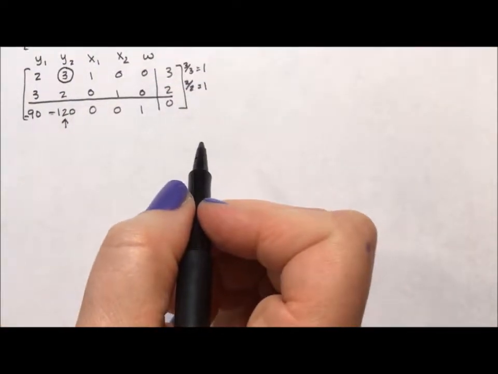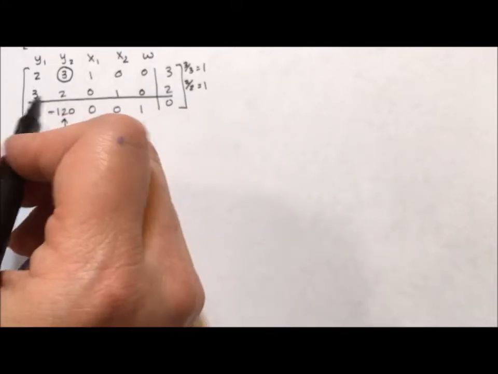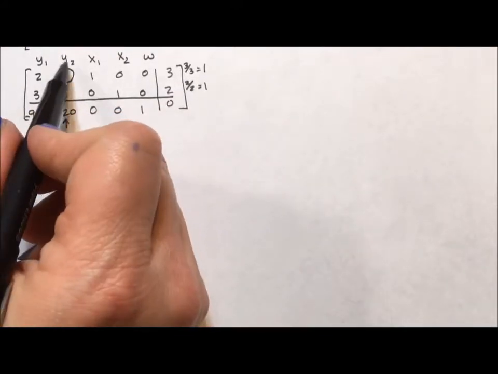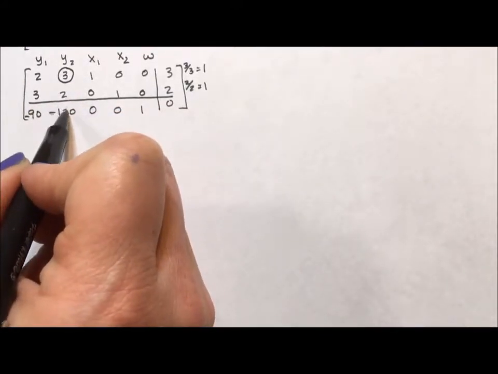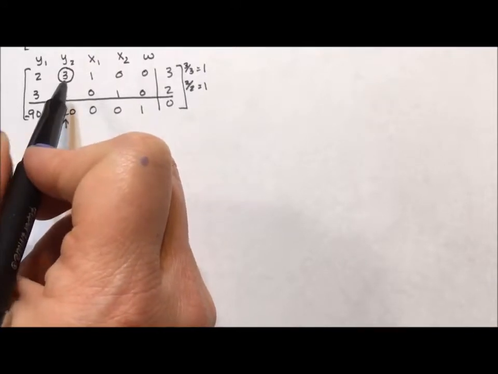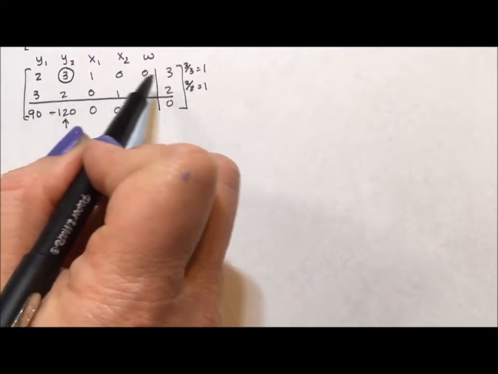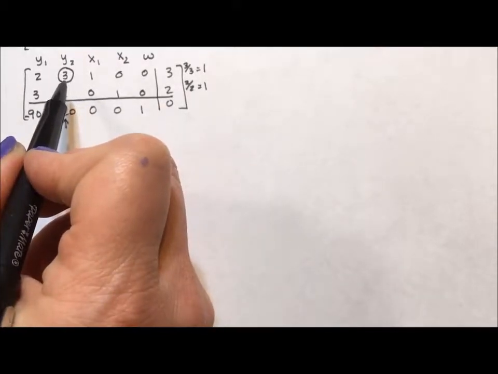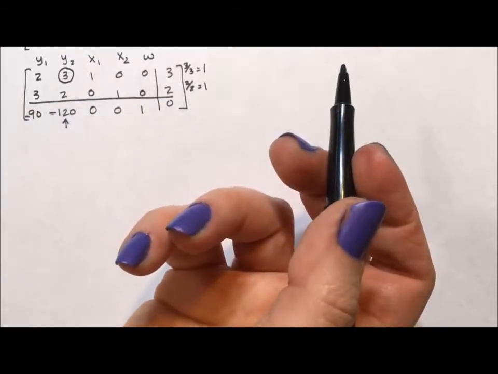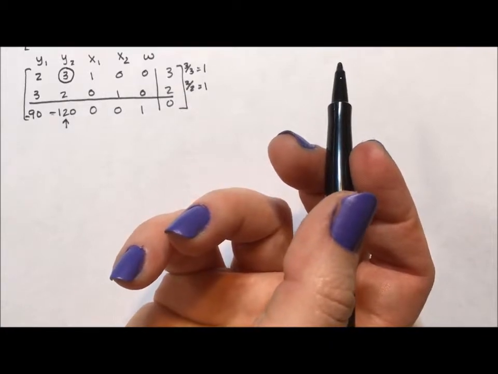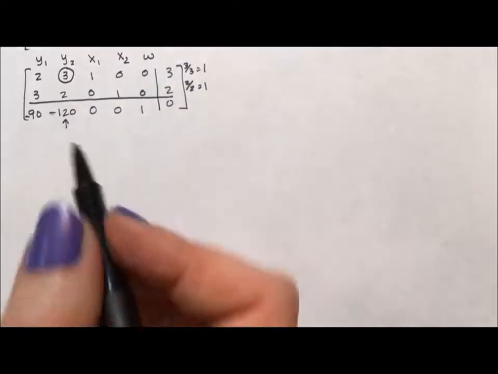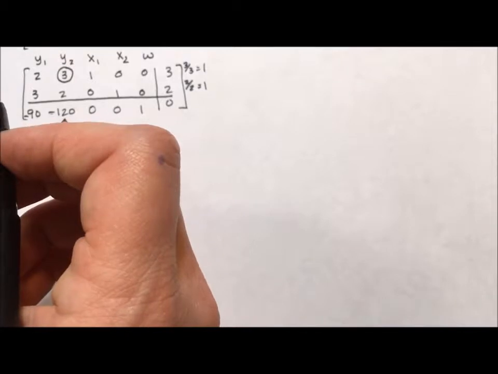Okay, so if I use the 3 as my pivot element, what I'm doing is using this 3 to zero out the other numbers in the column. Now, in traditional matrix manipulation, I would divide this top row by 3 to get my pivot element to be a 1. I prefer to not do that and get my fractions all in my last step. It will work out just fine.